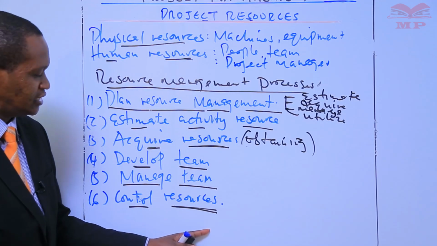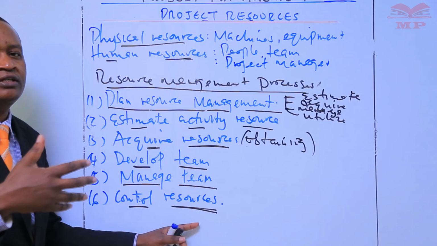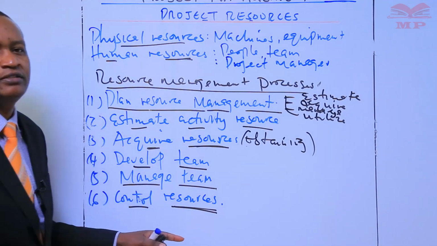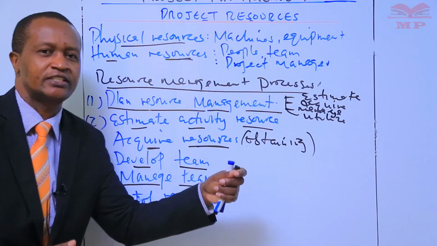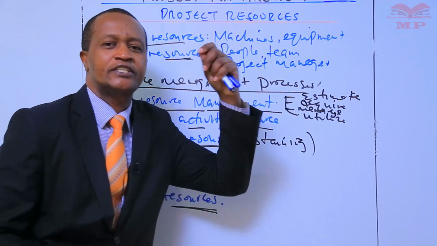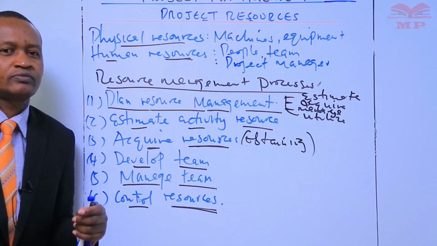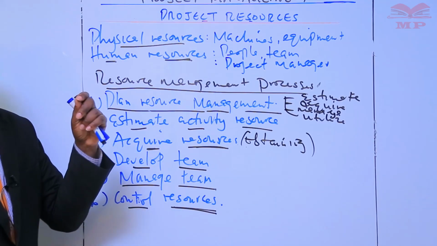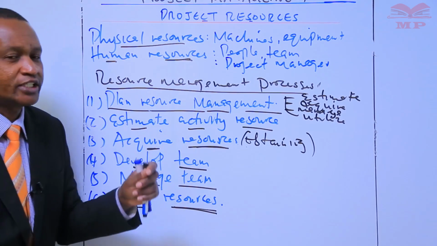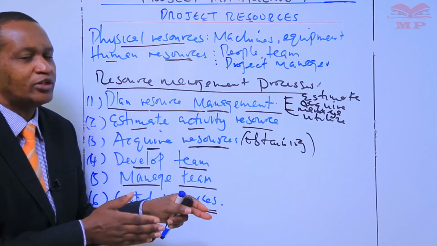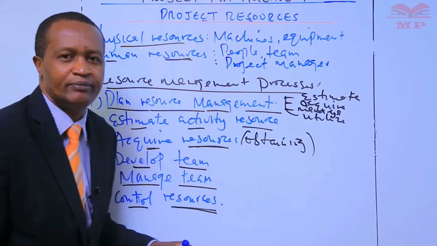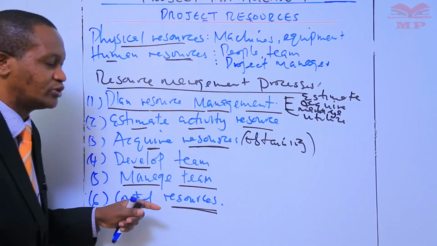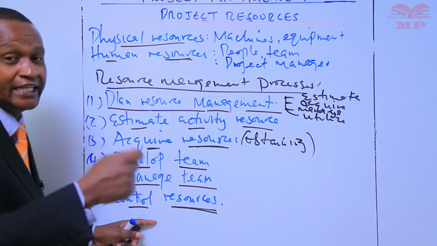And candidates, the control of resources as a process should be performed continuously in all project phases and throughout the project life cycle. And I've said that resources that are needed for the project should be assigned and also released at the right time, to the right place and in the right amount for the project to continue without any delays.